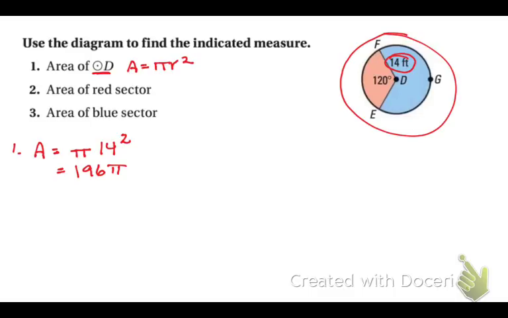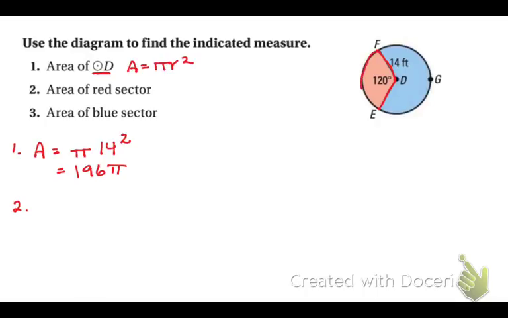Pretty easy. Okay, so let's look at the area of this red sector. I'm going to erase some of these other marks so we don't get confused. So we're looking at the area of the red sector.